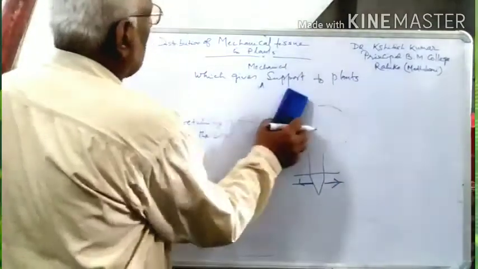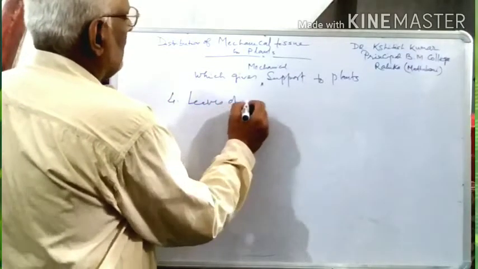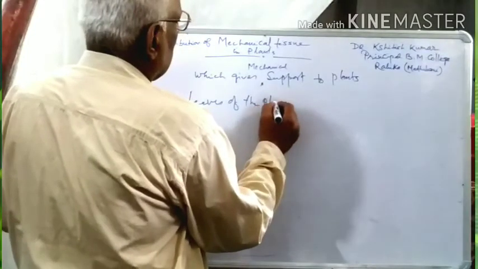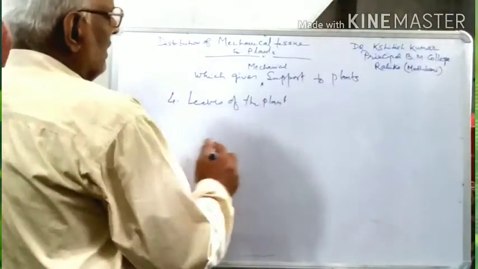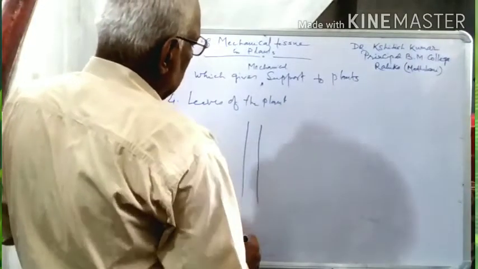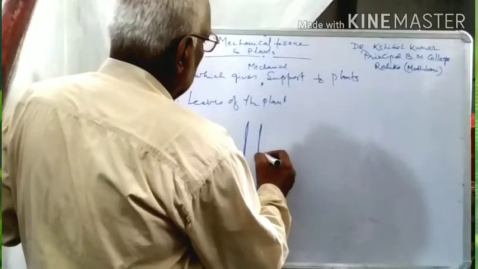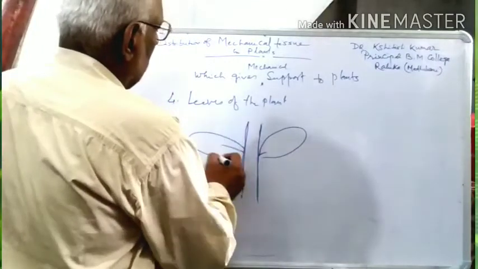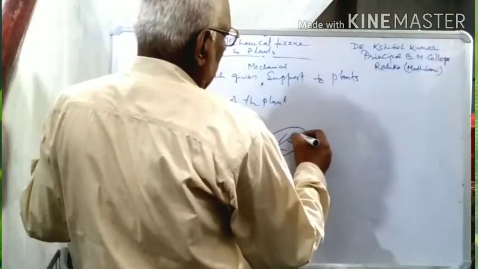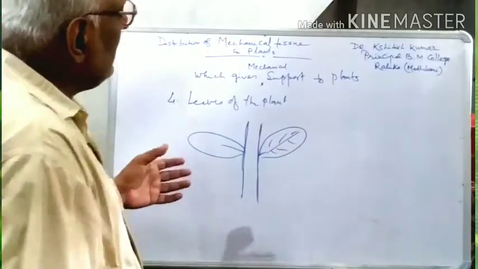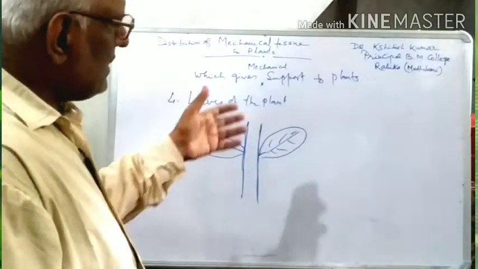In the fourth condition, the leaves of the plants are generally like this, in the open environment, and they have to bear wind forces as well as rainwater.